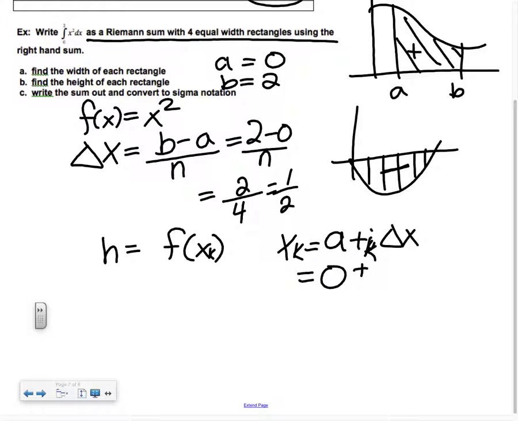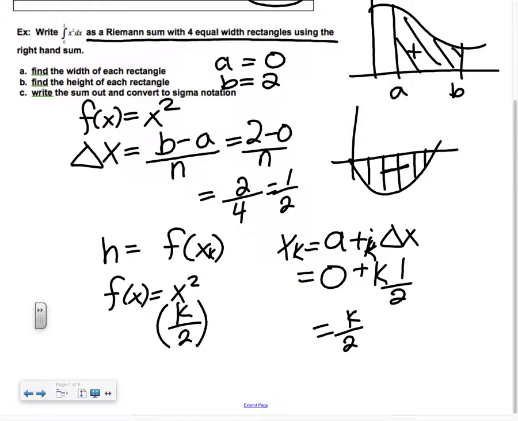So it's k times delta x, which is 1/2. So I get k over 2. So what I'm going to do is take my f of x equals x squared, and I'm going to replace the x with k over 2. So it would be k over 2 squared.